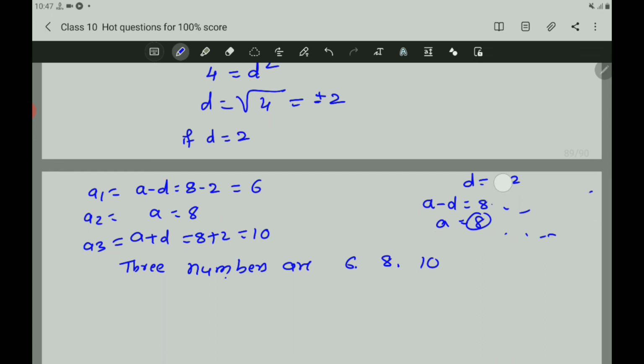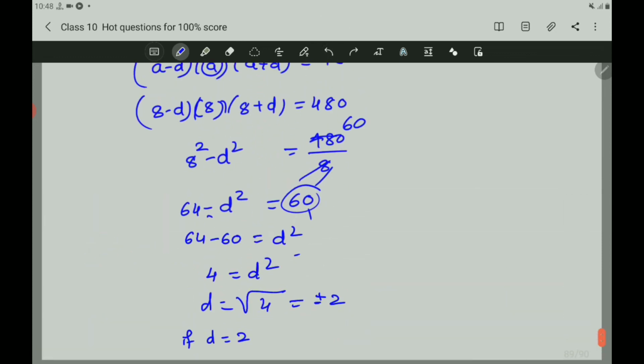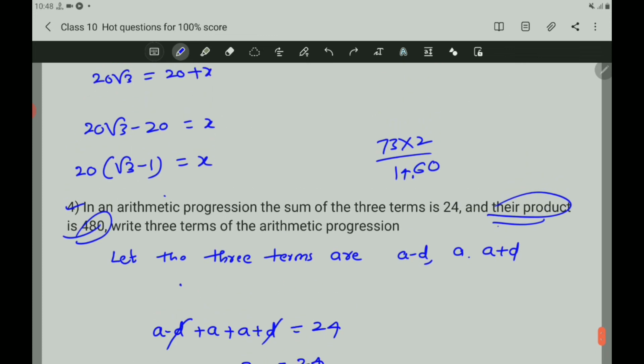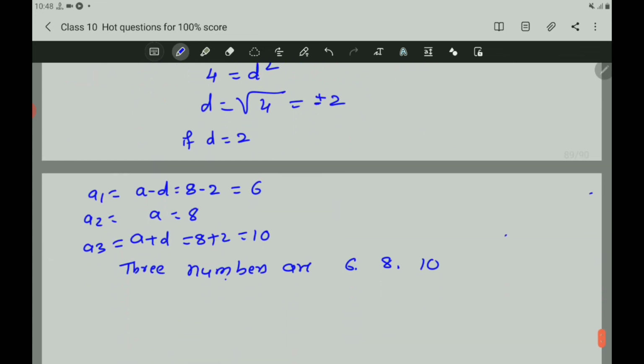Same numbers you will get, but they are in the reverse order. So the three numbers are the same, 6, 8, 10. So the three terms of the arithmetic progression are, so you take not numbers, three terms.